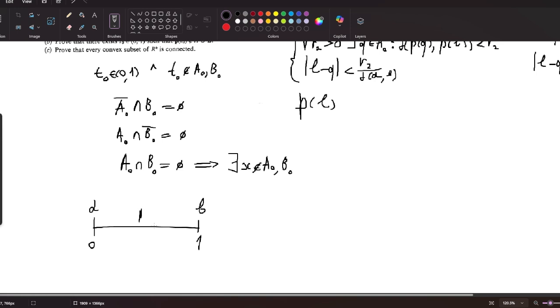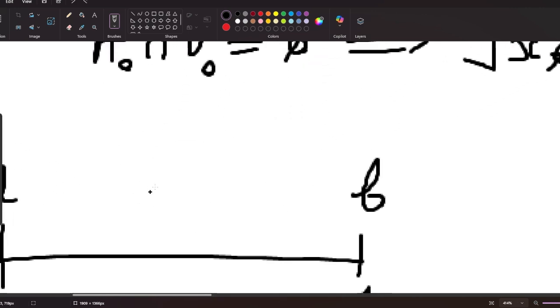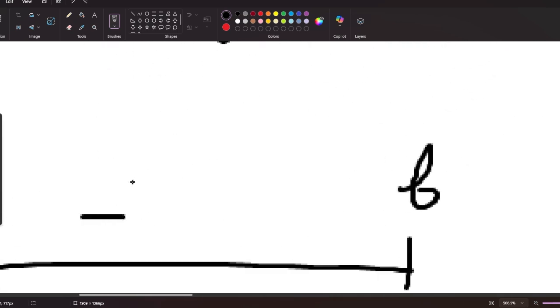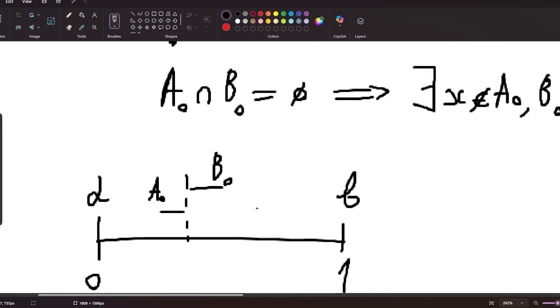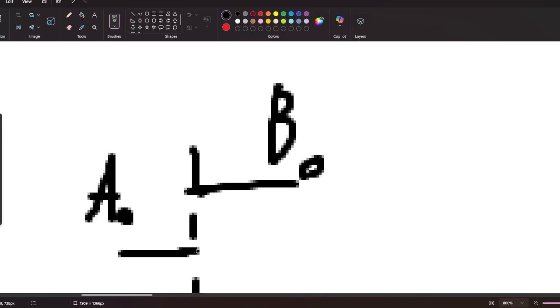Now, it could be a limit point, but if there isn't one, then every element belongs to either A0 or B0. And now the thing is, there needs to be some intersection point where here we have B0, here we have A0, and this strip here exists. How do we deal with it? Well, there are two ways to go about this.